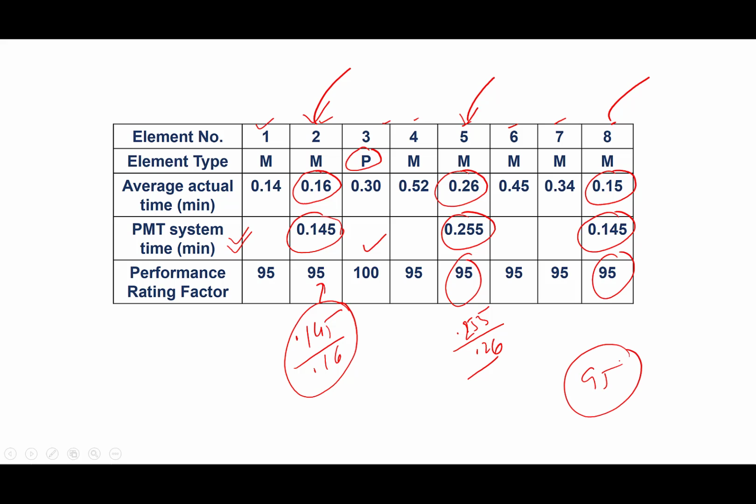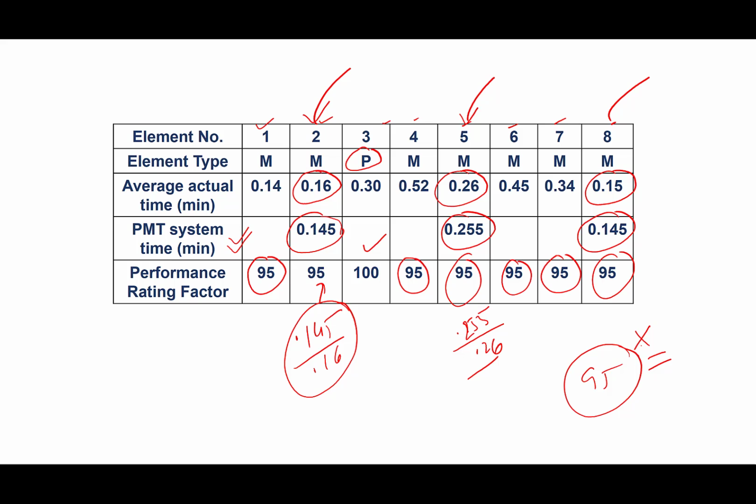Now the same can be used as the average performance rating. If we have got the performance rating of the worker for 3 elements as 95%, then this rating can be used to multiply with the other elements also. So the performance rating of 95% is multiplied here, and similarly in these two cases as well.